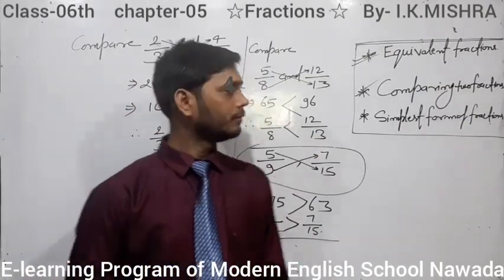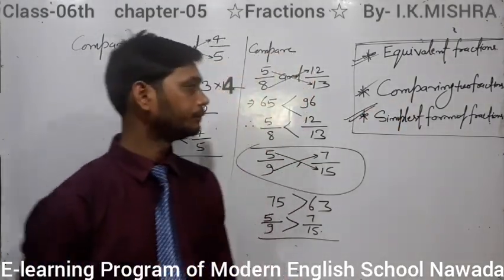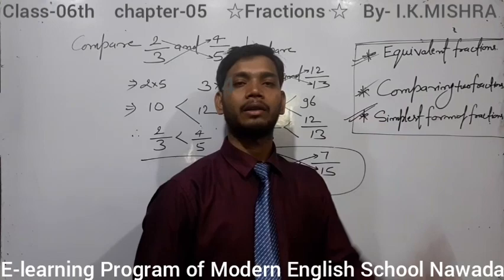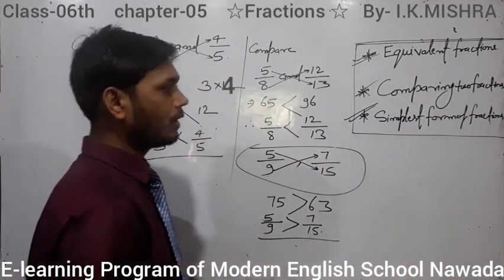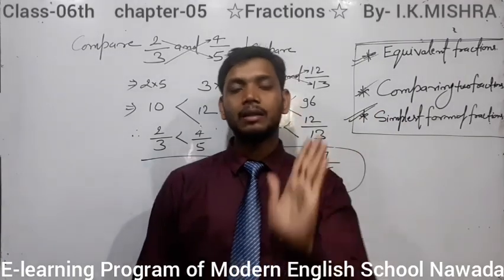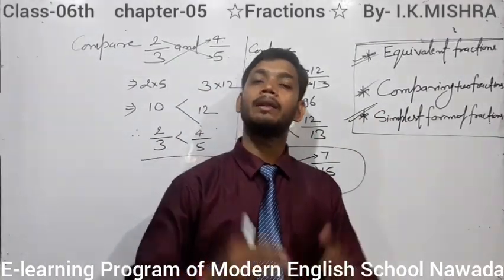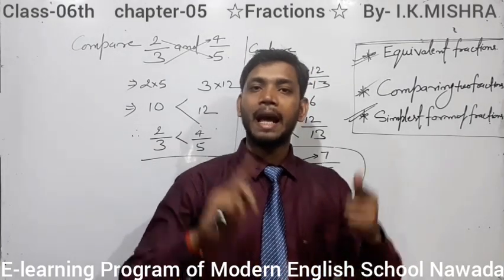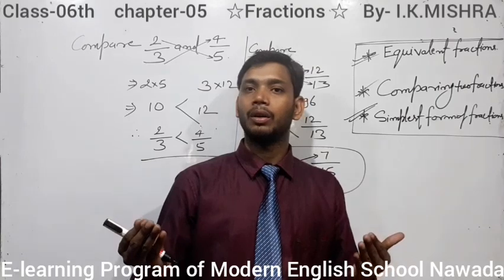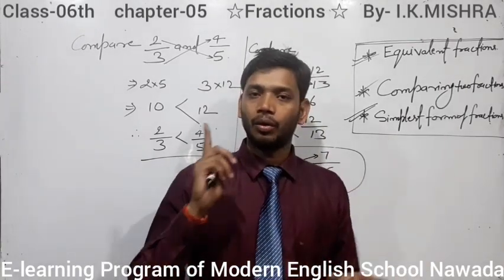Now proceed to the third topic, simplest form of a fraction. When a fraction is said to be in simplest form? A fraction is in simplest form if the numerator and denominator have no common factor other than 1.